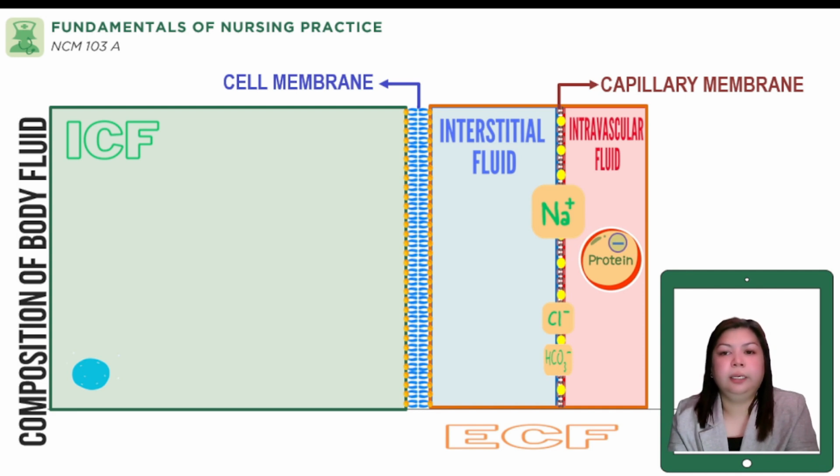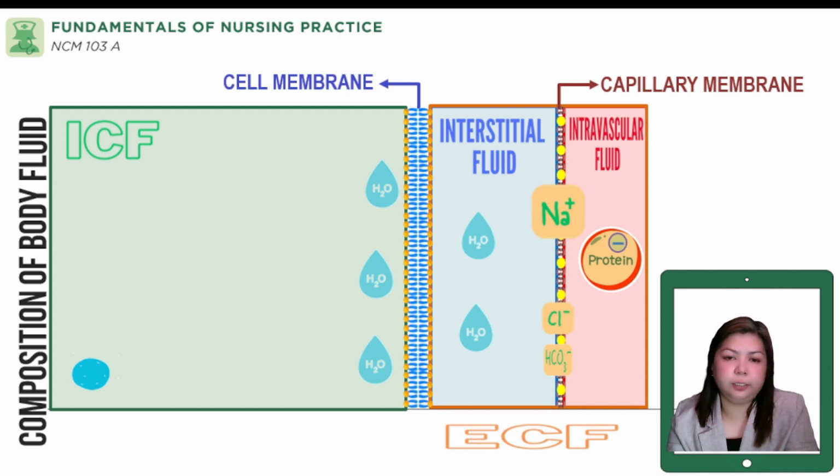The cell membrane is selectively permeable. It is freely permeable to water, but impermeable to many solutes. So the composition of the ICF and your ECF is relatively different. In the ICF, the major cations are potassium and magnesium, versus sodium in your ECF. Inside the cells, the anions are organic phosphates, like your ATP and ADP, and your proteins.